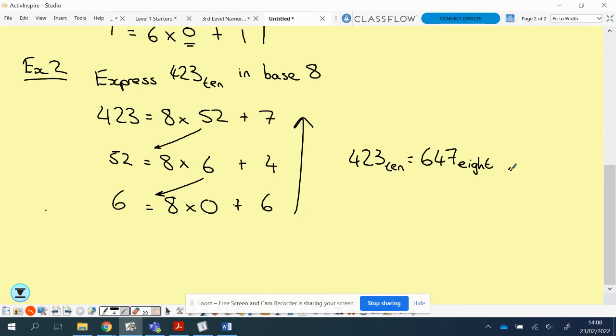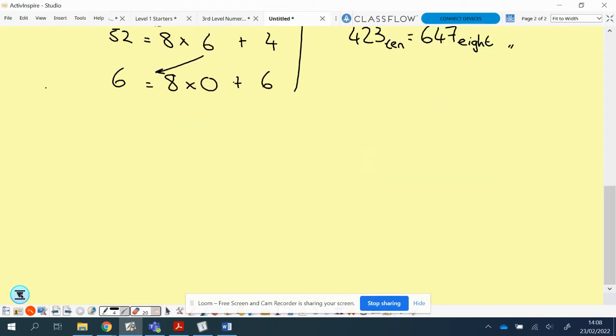Right, okay, we'll now look to see how we can express other bases back into base 10. Okay, we're going to look at the reverse process now. So expressing other bases into base 10.